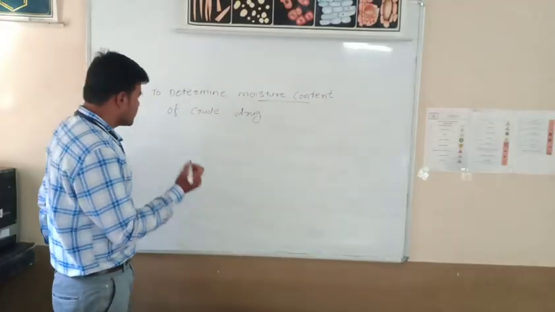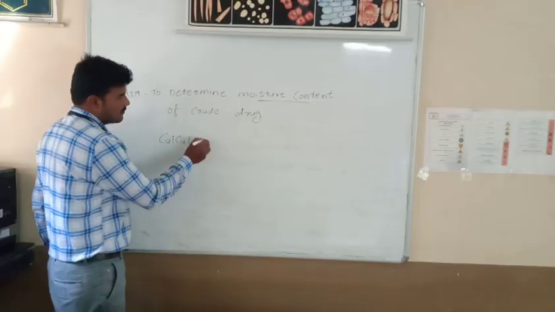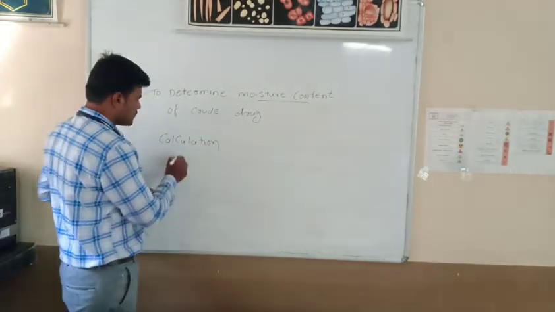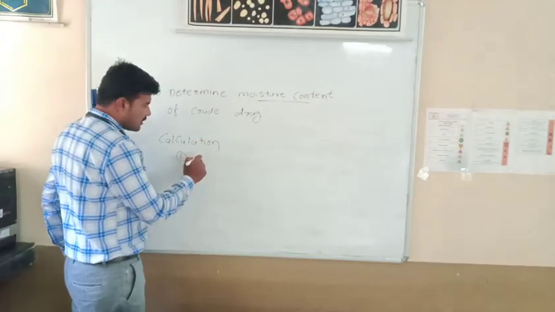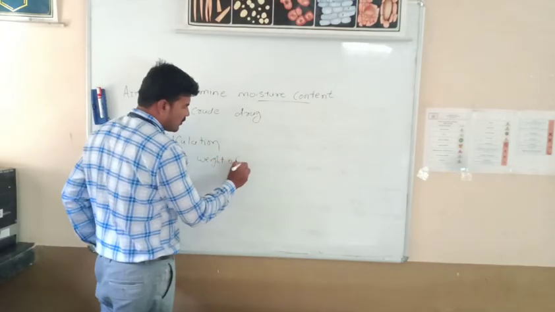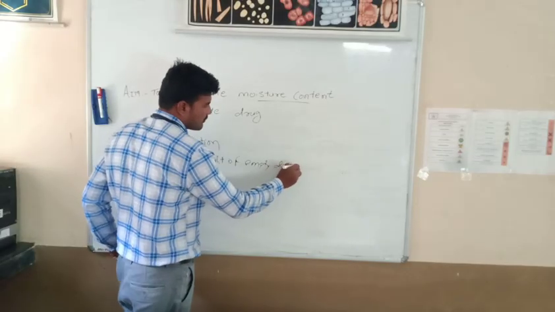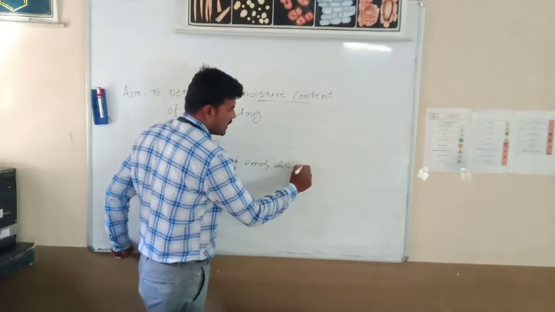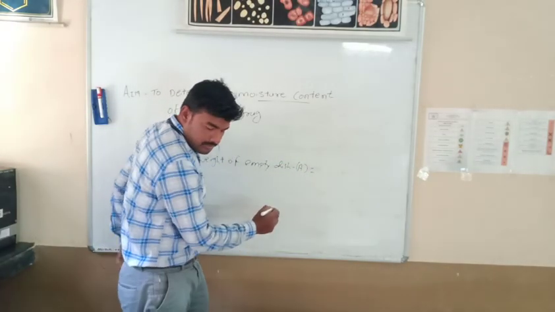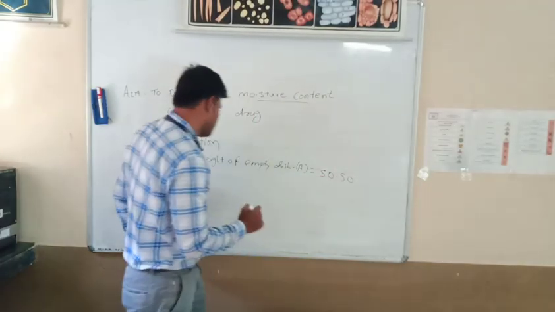Now comes our calculation part. First, the weight of the empty dish, that is A, equal to 50.50.